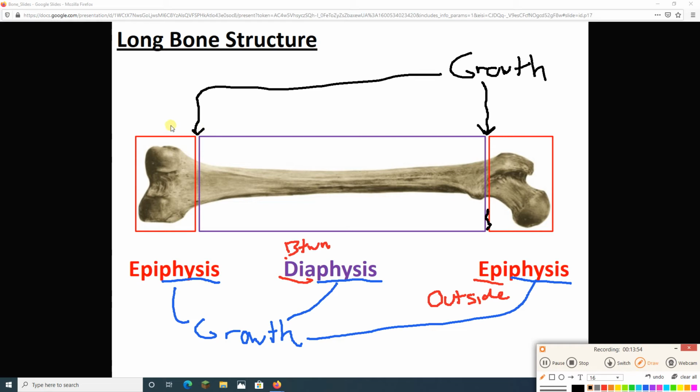So the epiphysis is the part of the bone on the outside of that growth area. And then between the growth areas is the diaphysis. Okay, that is how we get those words.